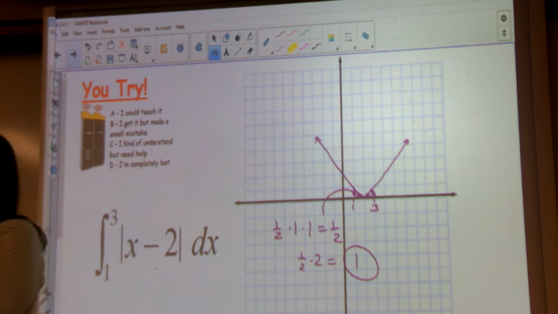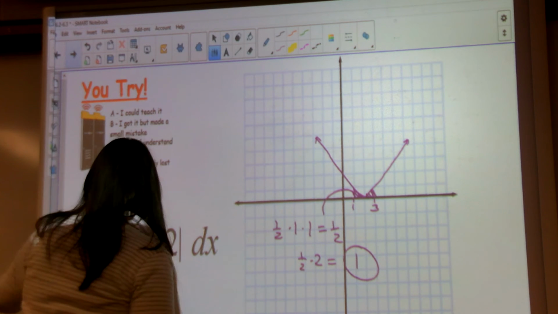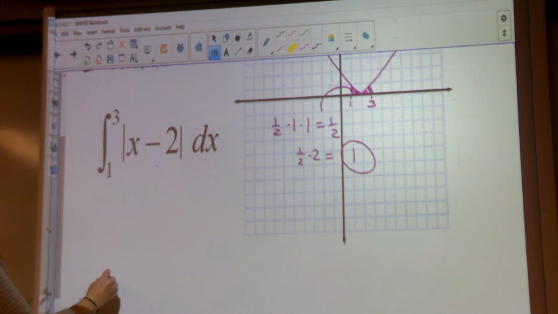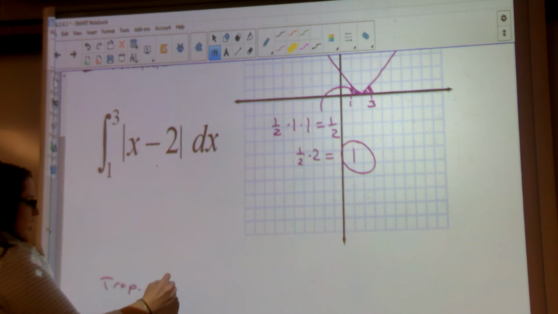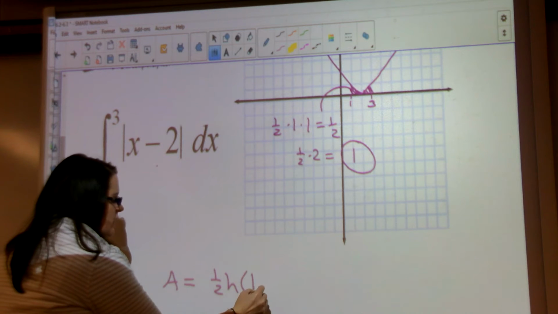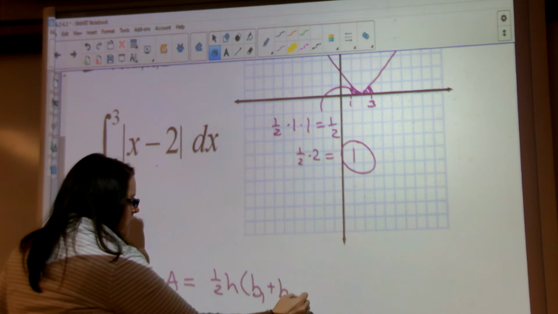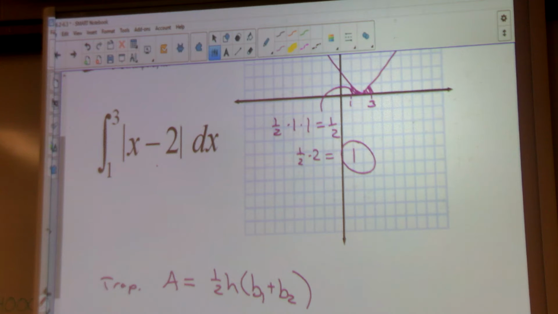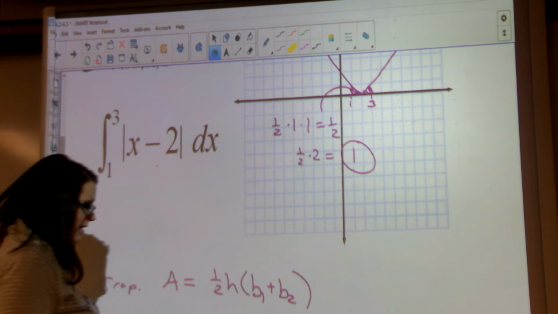We remember our formula for trapezoids, right? It happens to be one that a lot of us forget. It is the average of the bases times the height. Please use trapezoids and save yourself some time.